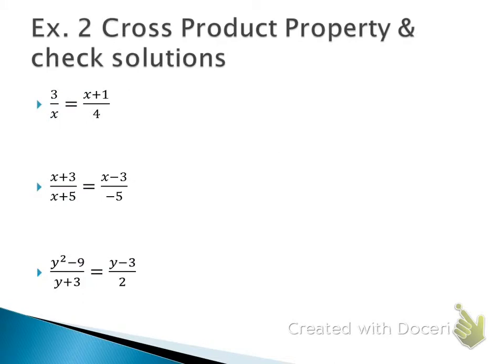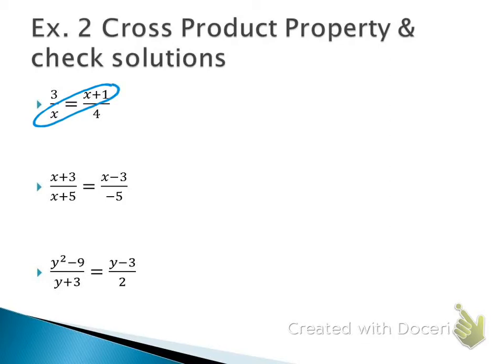We're also going to be solving these equations, all right, these proportions using cross multiplication. Now this time I've got a whole lot more variables than I did on the last time. That's fine. We can still solve them for what x or y or whatever the variable is. Okay? So first thing that I'm going to do is I'm going to cross multiply. X times x plus 1. Now listen carefully.